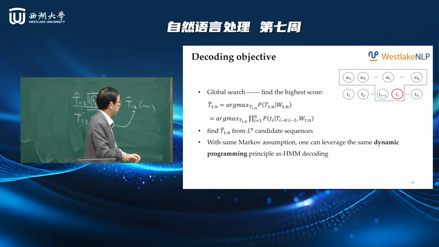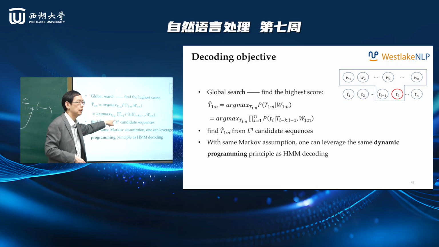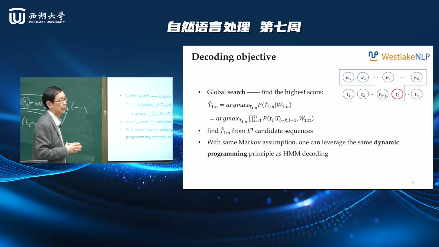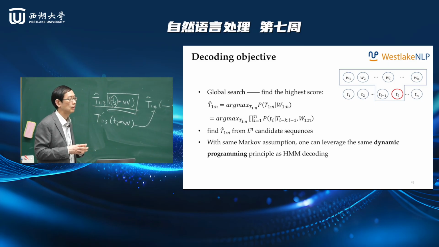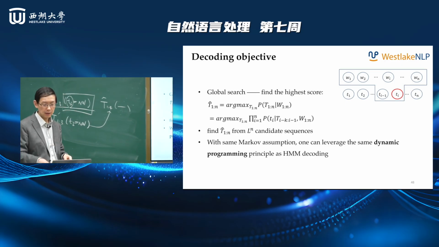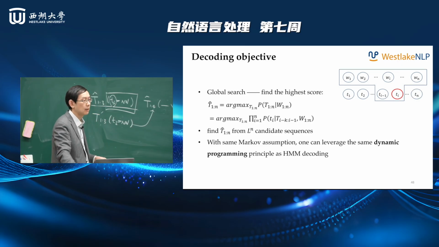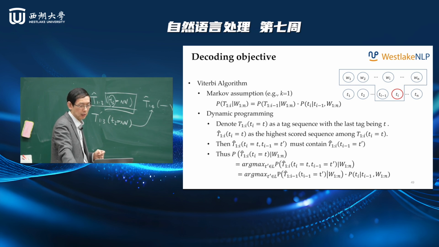And as a result, in our model the sequence probability can be factorized into individual tag probabilities, a product. And you realize there's a chance for you to find the optimal subproblem when you build this optimal sequence. The reasoning is very, very similar to the hidden Markov model.